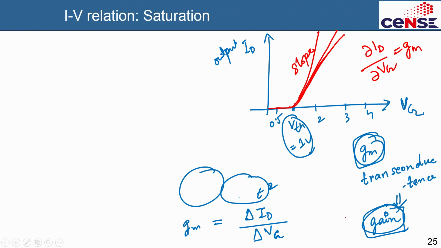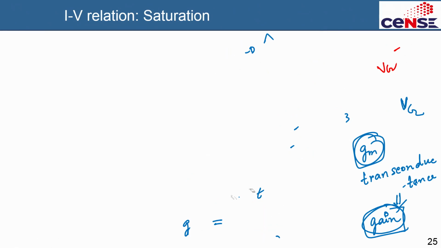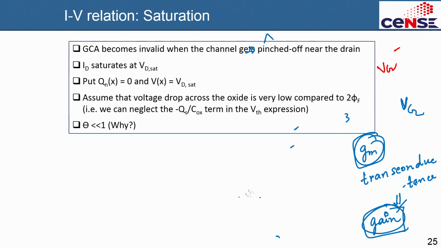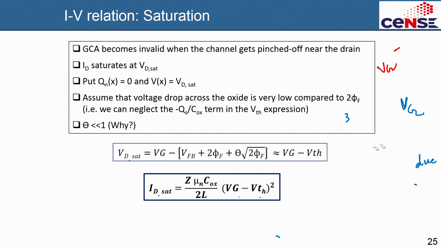So if you recall, let me erase this so that I can bring on the slide here. Essentially this is your expression for the saturation current. So what is the transconductance of a MOSFET in this regime? Here you can take a derivative of this ID with respect to Vg. This is your GM.